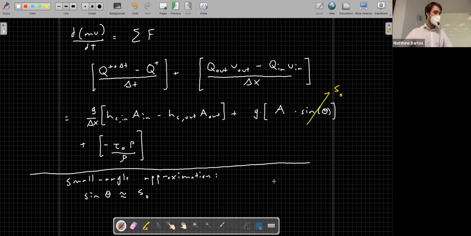is I'm going to define a term called the friction slope to simplify this term here. The friction slope will be equal to our shear stress times the wetted perimeter over the acceleration due to gravity times the cross-sectional area times the density.